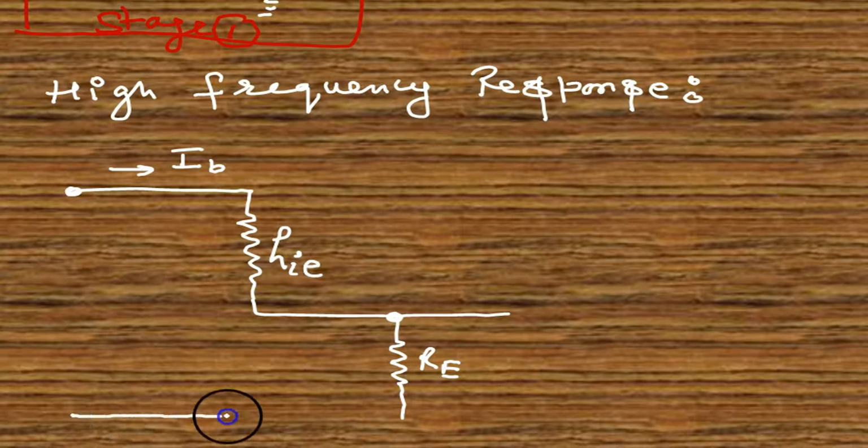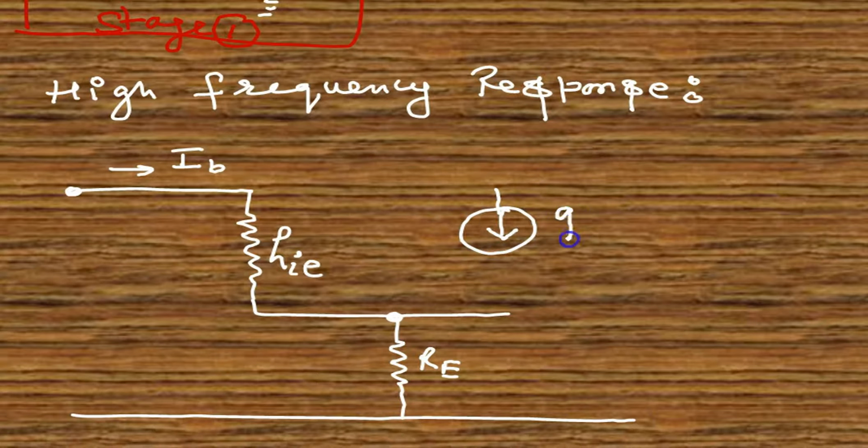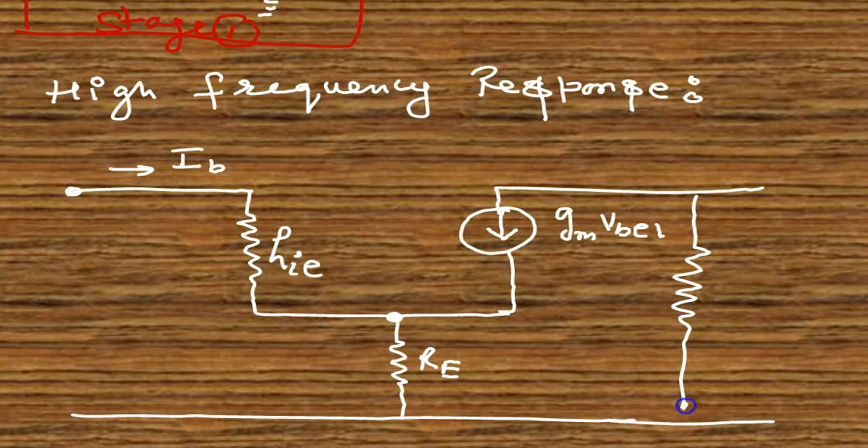Ip is the current, hie is the input impedance, Re is the base resistor which is used for biasing, gm Ie1 is the current generator, and here this is the load resistance.